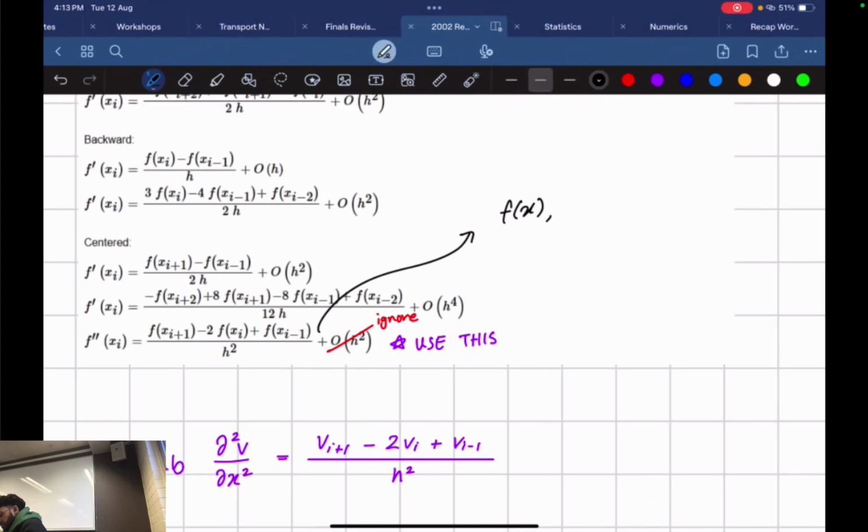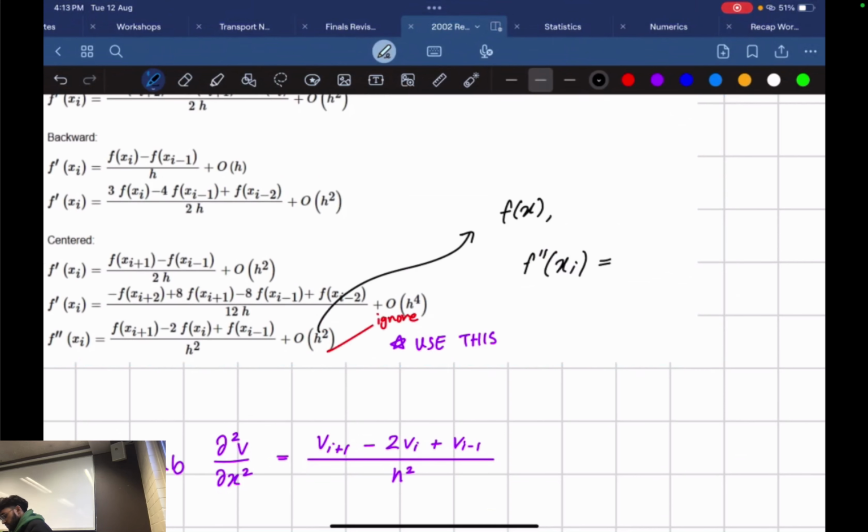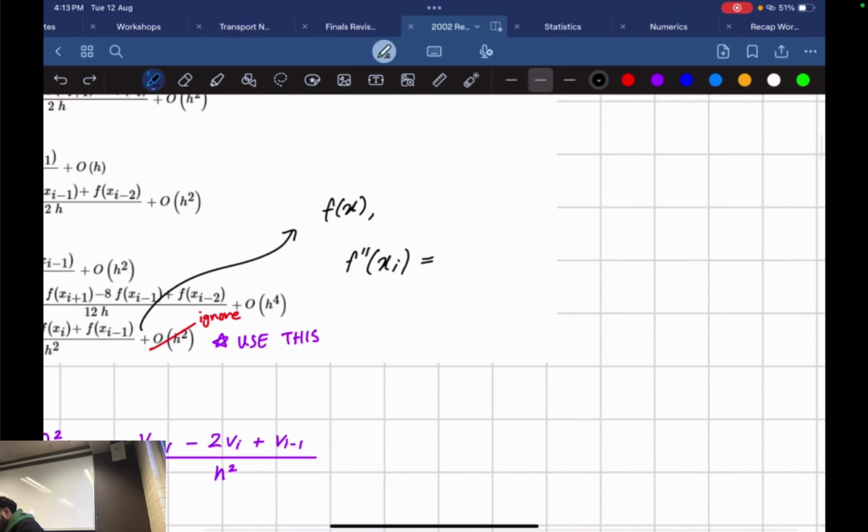It's pretty much saying that if we have a function f of x, we can denote f double dash at x equals xi using f of xi plus 1.